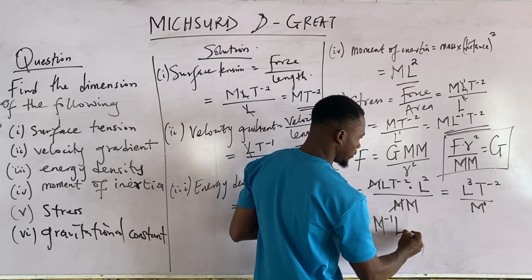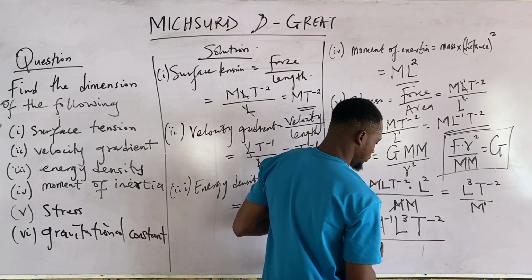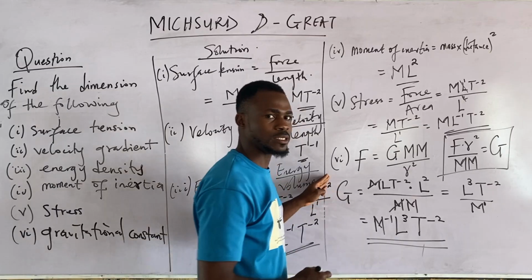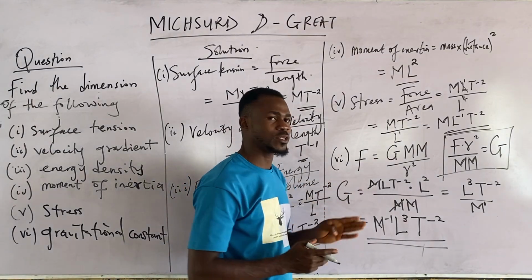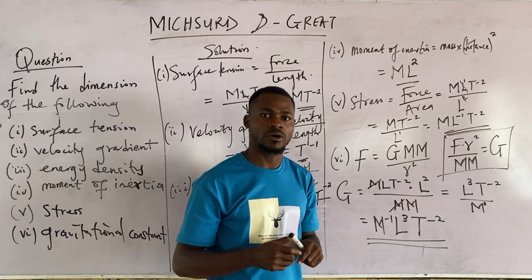Then we have L^3 and T^-2. So that gives us the dimension for the gravitational constant. This is how we find the dimension for other quantities.